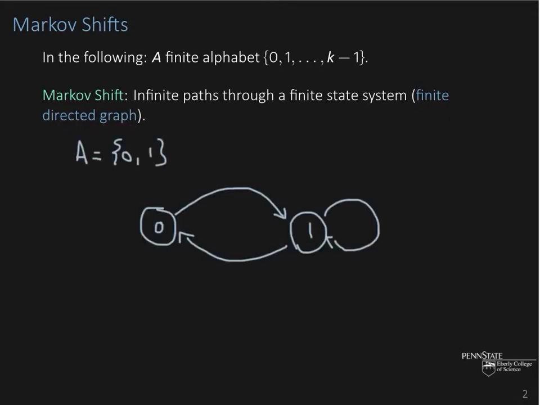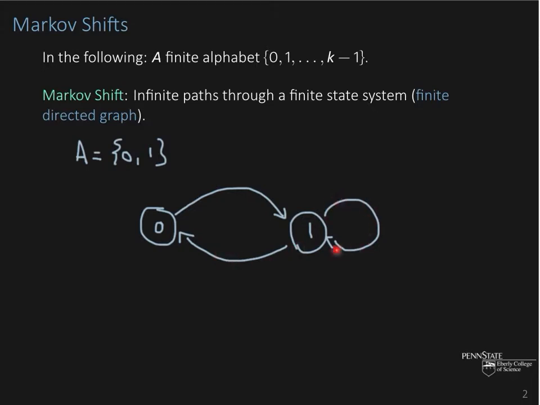So here's an example of such a graph. The nodes of the graph now are labeled by our alphabet. To make it easy, we assume the alphabet is just the binary alphabet. And so the nodes of the graph are labeled with the alphabet, and then we just have directed edges between the nodes.